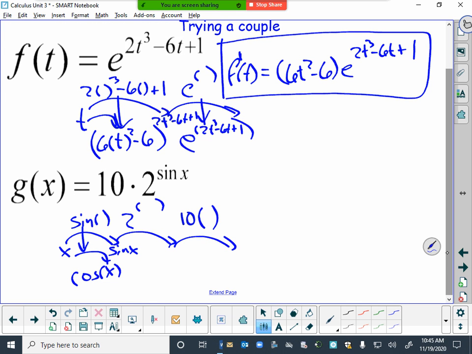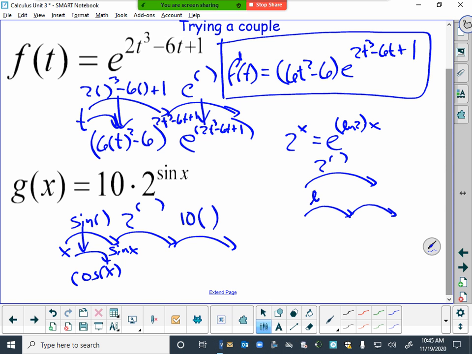2 to the power, we figured out that 2 to the x was the same thing as e to the natural log 2 times x, right? So if we want the derivative of 2 to the power, we can treat that as these two arrows.